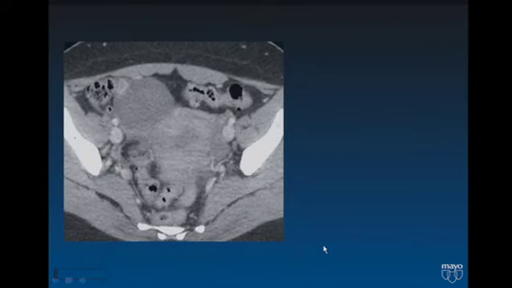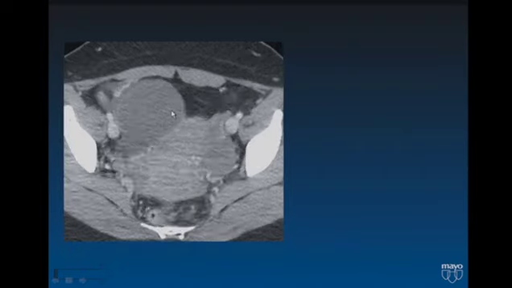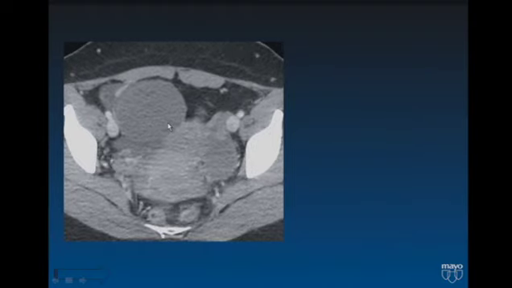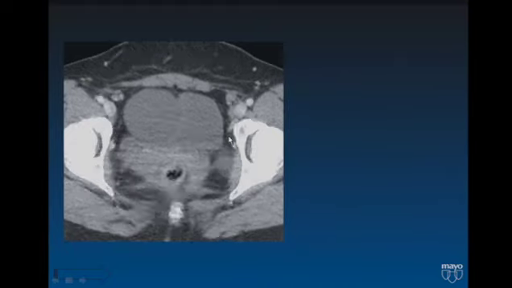It's important to recognize that masses on CT are not as well characterized as they are in ultrasound. So once they get up to a certain size, and certainly if they don't have features of a benign appearing cyst or a probably benign cyst, as this mass does not, re-imaging with ultrasound is going to play an important role in further evaluation of those masses.